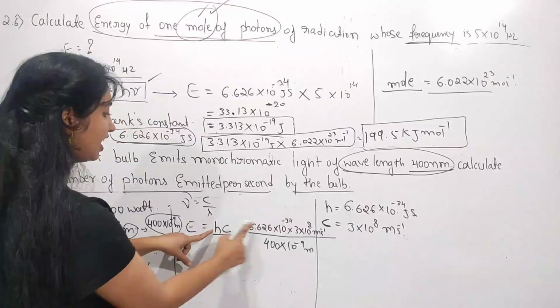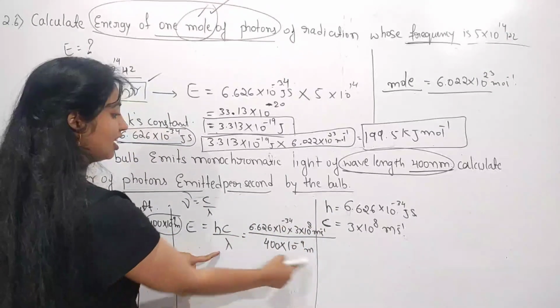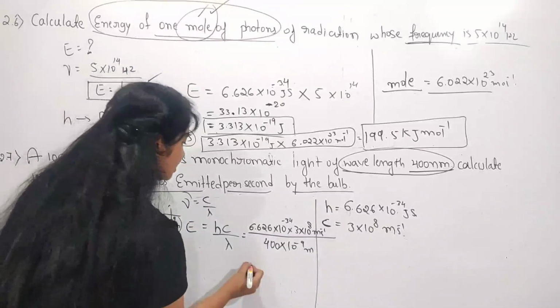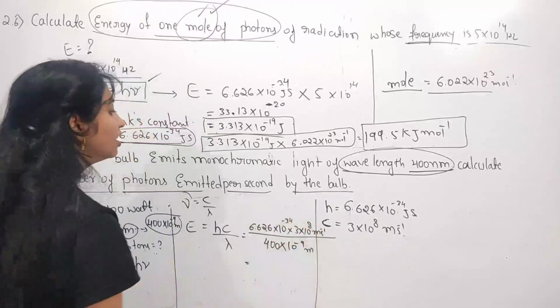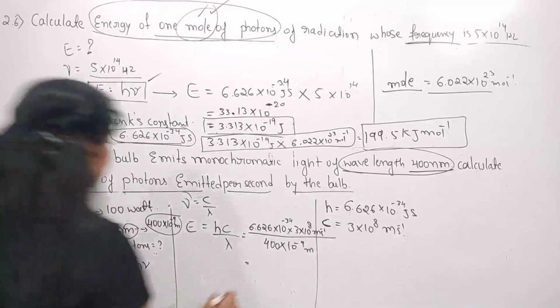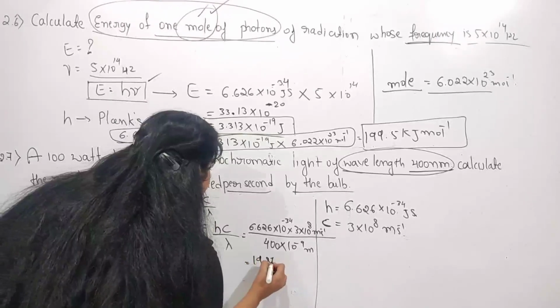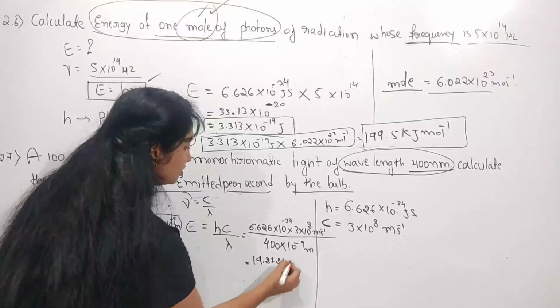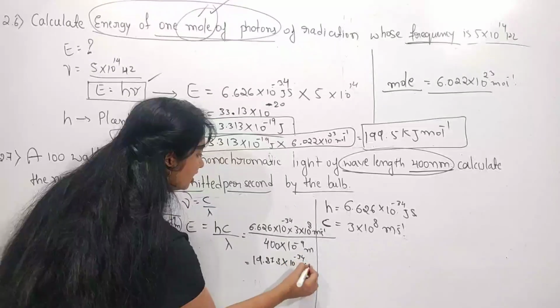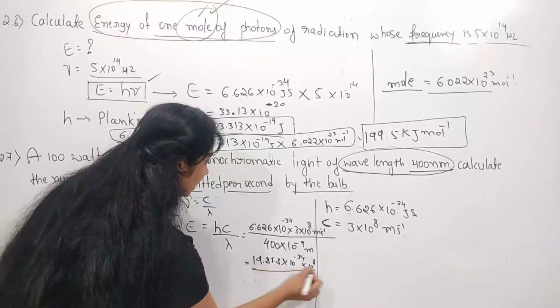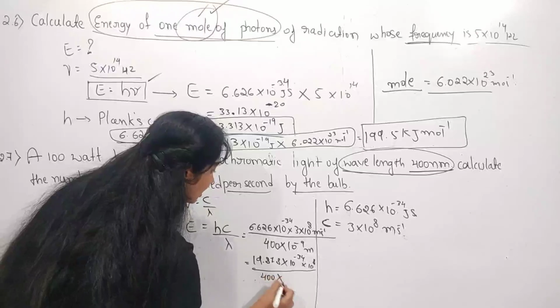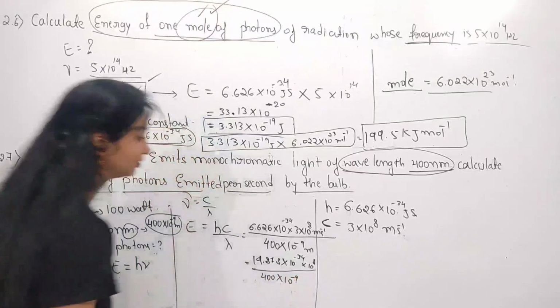So see here, h, c, lambda. Then what happens? 6.626 into 3 is how much? 19.878 into 10 raised to minus 34 into 10 raised to 8, divided by 400 into 10 raised to minus 9.